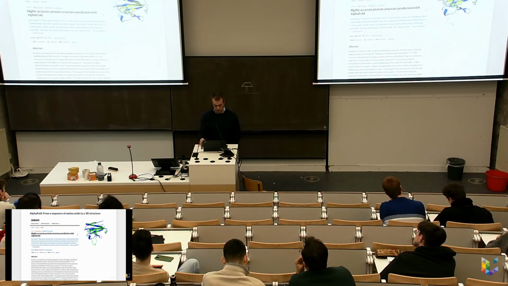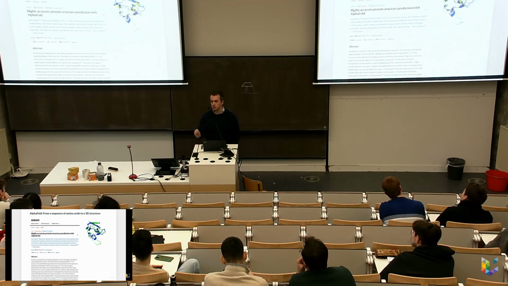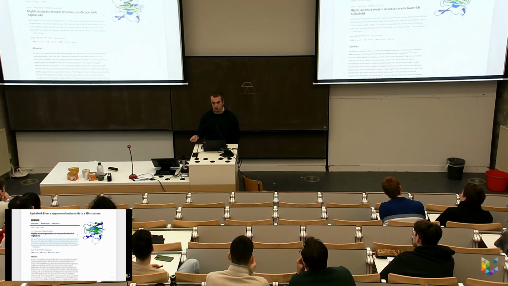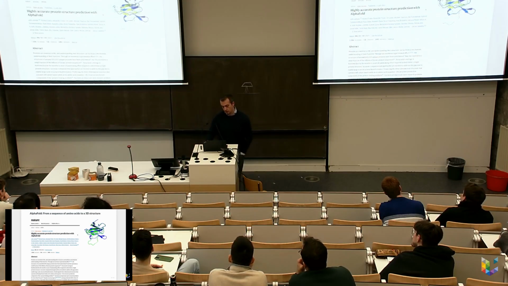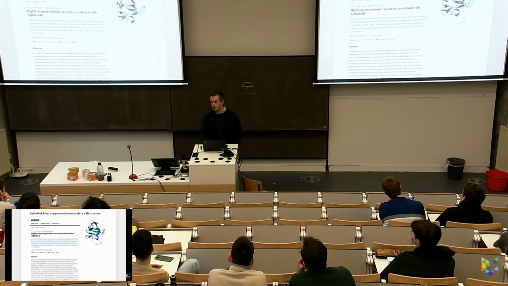And now the accuracy of the system is so good that we can actually use it to do science. We can use it for biology or biochemistry and all these things. Because we are confident enough that the shapes predicted by the systems are very close to the actual shape that we have in reality.